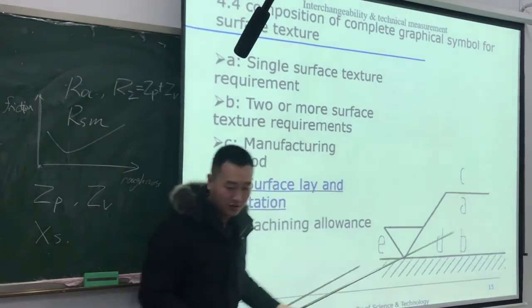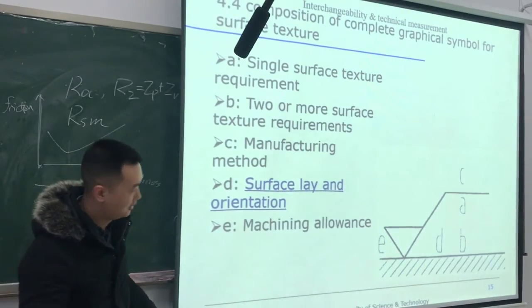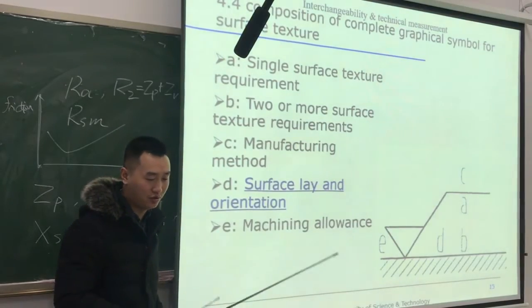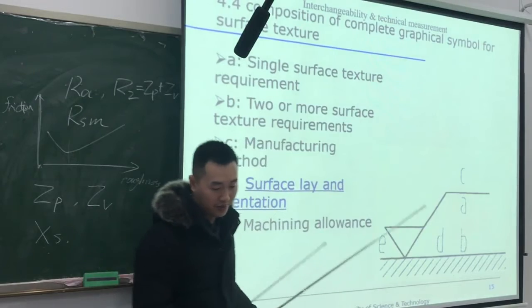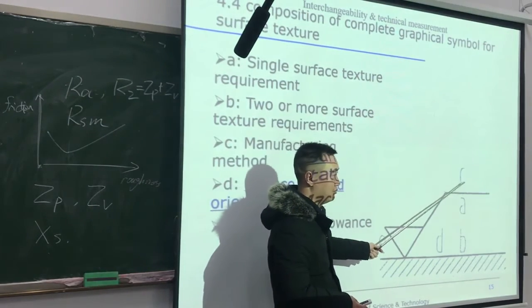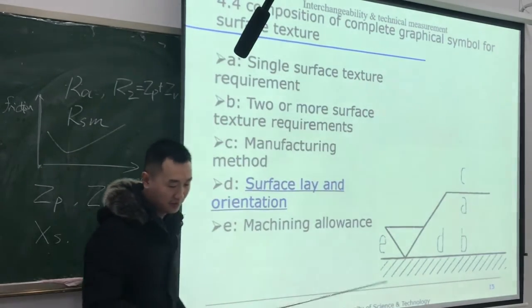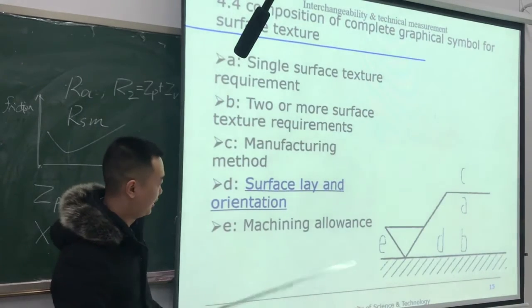Here A is labeling a single surface texture requirement, and B is labeling two or more surface texture requirements. C is the manufacturing method. Sometimes we note turning, milling, casting, different manufacturing methods. And D is the surface lay and orientation.